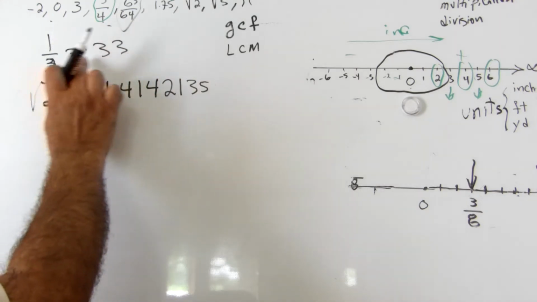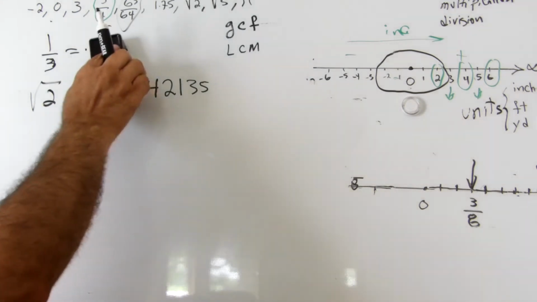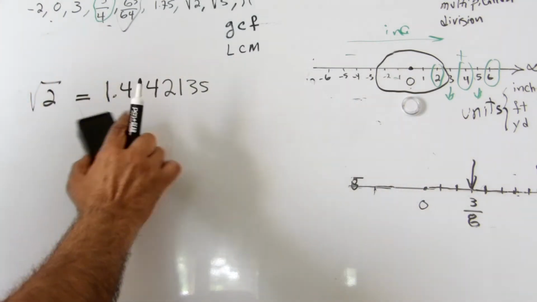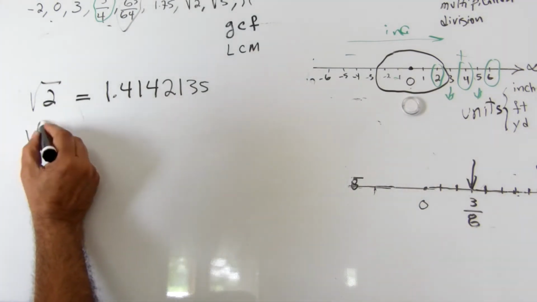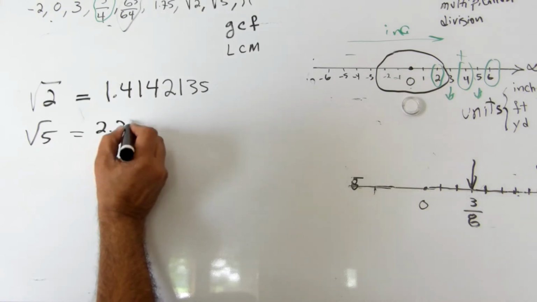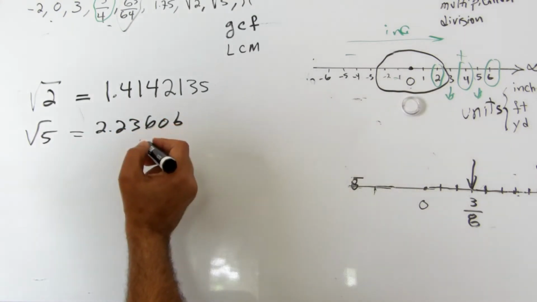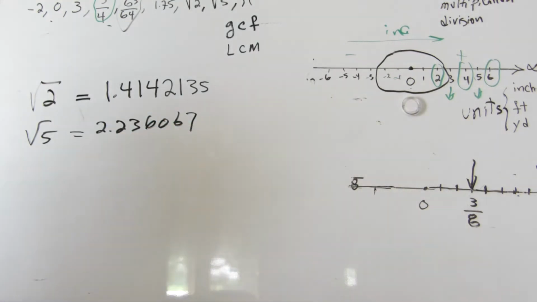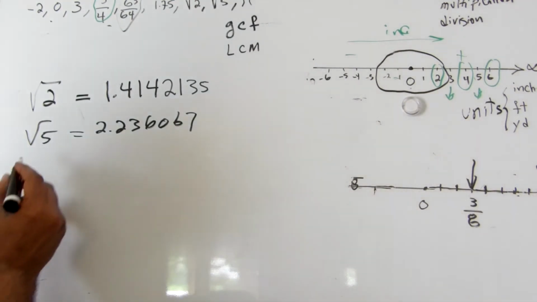We could change this one, the decimal to fraction, but we cannot change this number to a fraction. Or radical 5 is the same. Radical 5 is 2.236067, and so on.